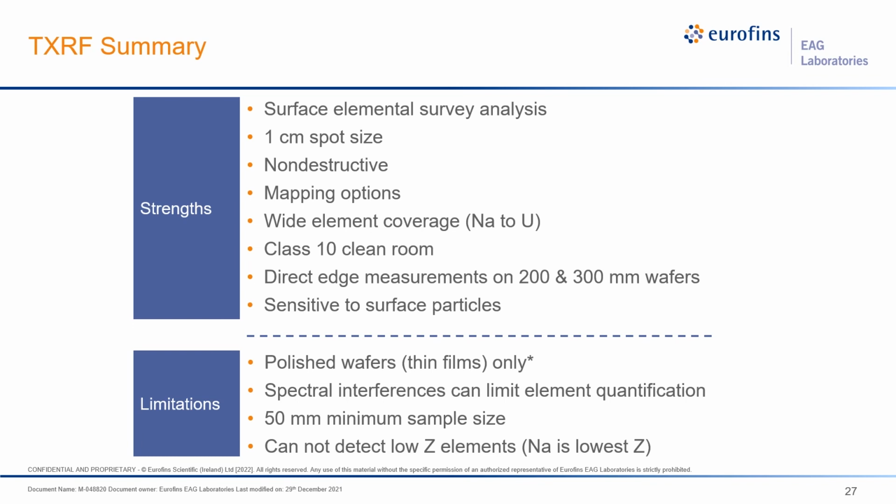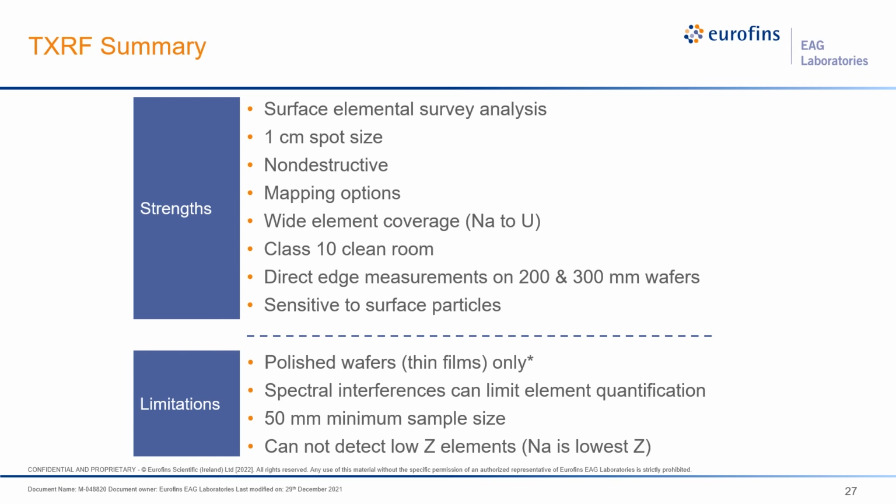So listing through the possible limitations of TXRF, this is a polished wafers, thin film only technique. I highlighted earlier some ways we can get around it and look at other things, but for the most part, you want to think this is a wafer technique. In some cases, we have spectral interferences that can limit element quantification.